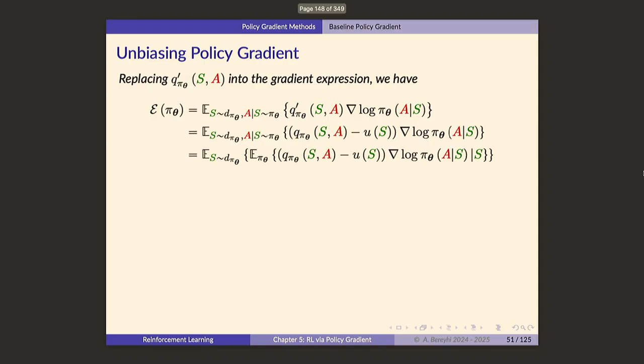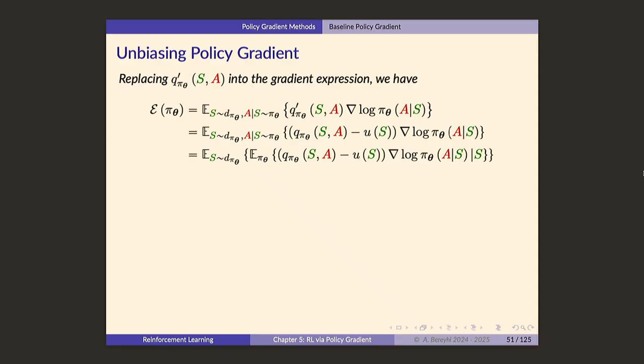Whatever term I have inside, I first take the expectation with respect to A. And whatever I get then depends only on my state, so I then take the expectation with respect to state. Trust me, it's going to be very simple now. Just magically everything is going to disappear.